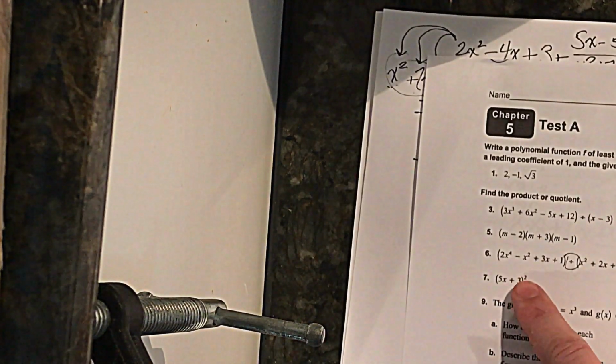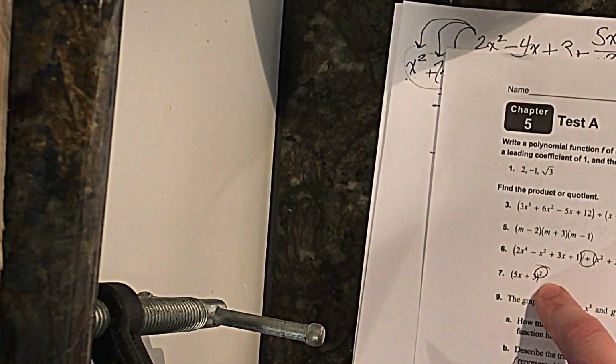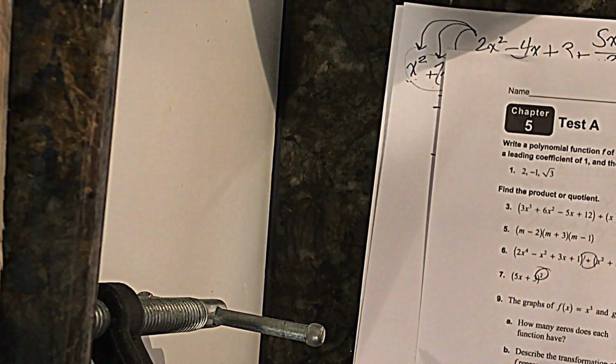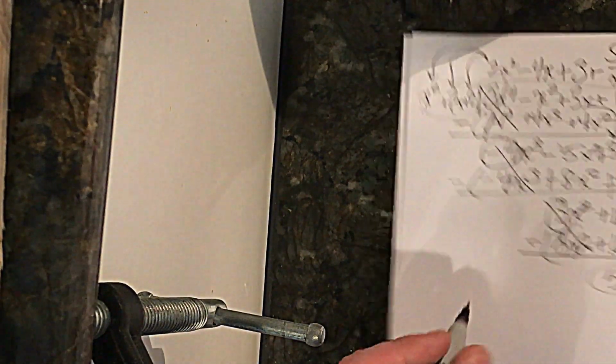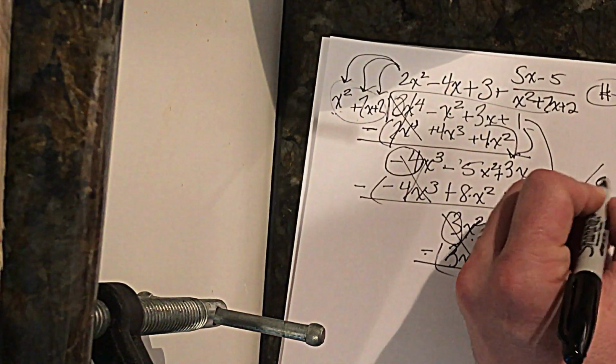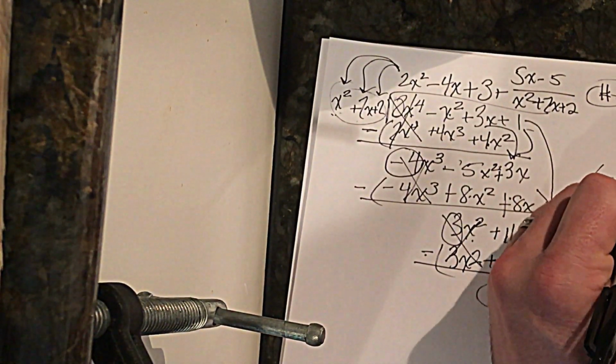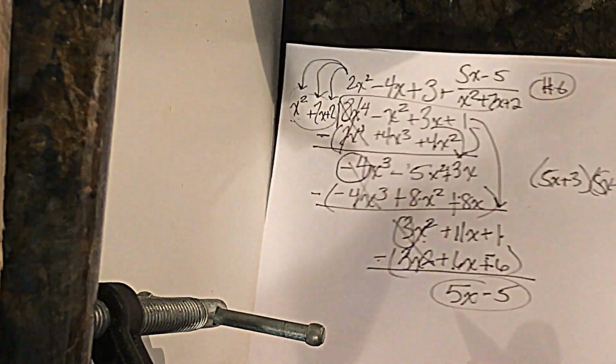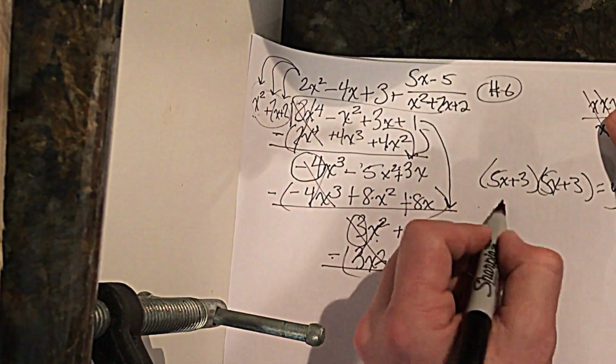Number 7 is a multiplication problem, and it says this polynomial squared, this little binomial squared. So 5x plus 3 written twice. Looks like that. So let's put it in the array.